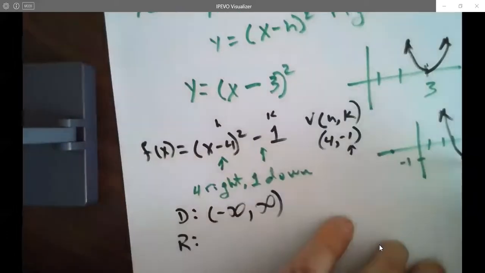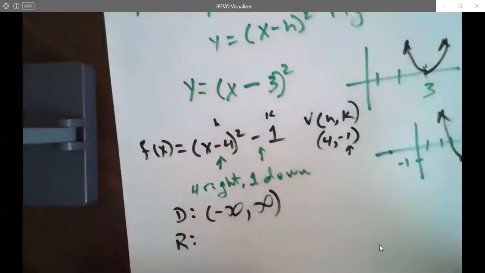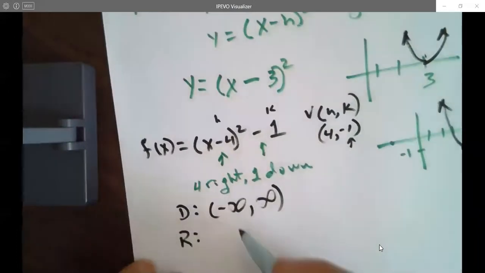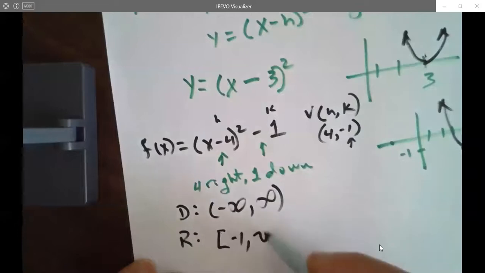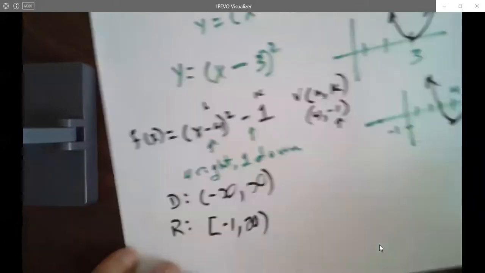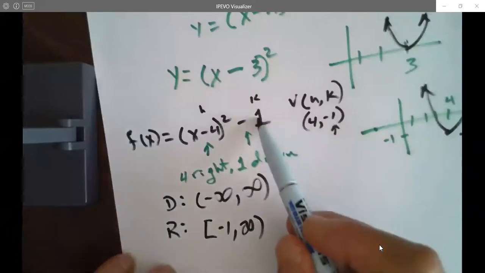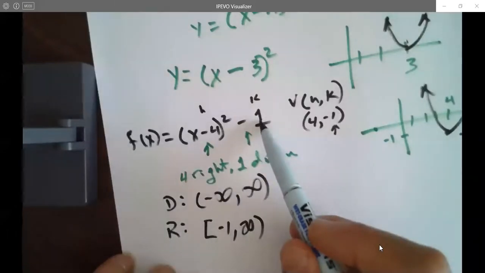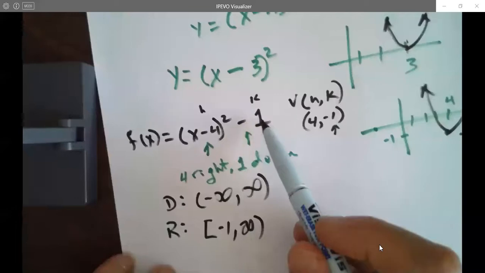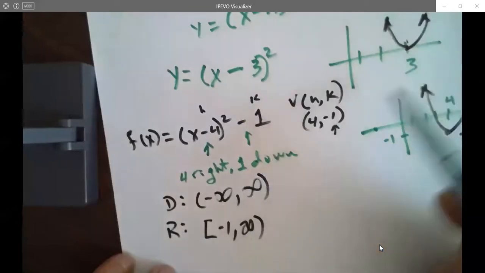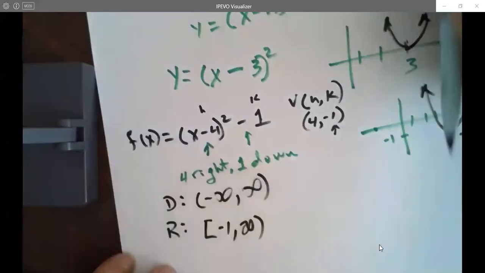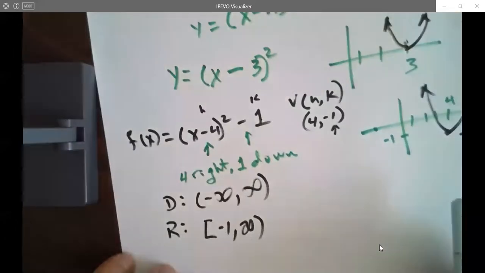So this is negative 1, and since it's moving up, it's going to be closed at negative 1 and up to infinity. So it always uses the k part, the part that's outside the parentheses. If it's up, then it's going to positive infinity. If it's moving downwards, it's going to negative infinity.